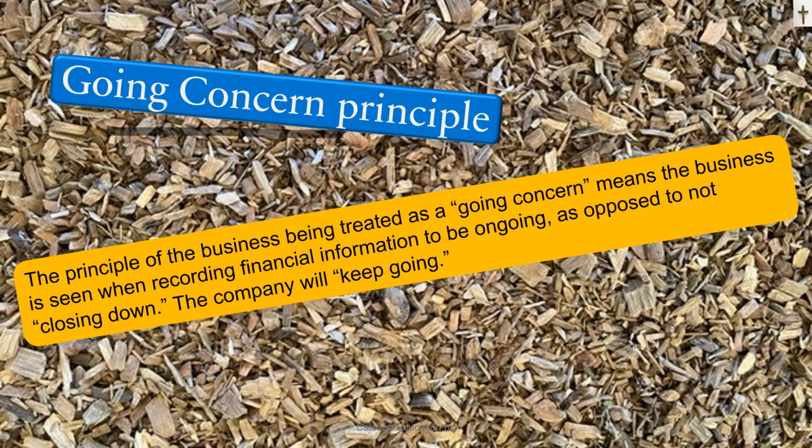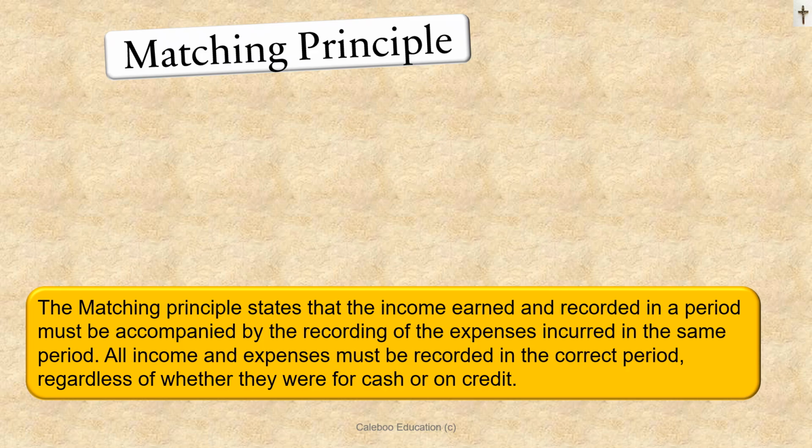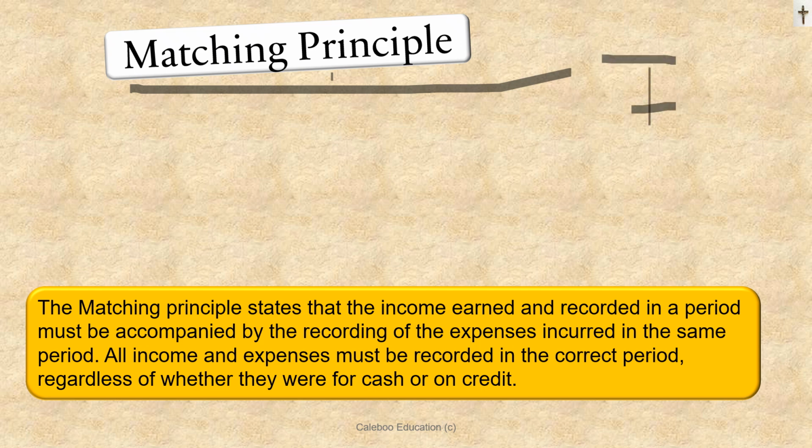Right, the going concern principle simply means that the business will be ongoing and record transactions accordingly. Right, this is more important for what we're doing right now: the matching principle. The matching principle states that all income and expenses that are earned and incurred need to be recorded in the correct period.